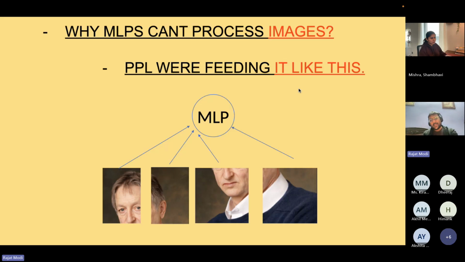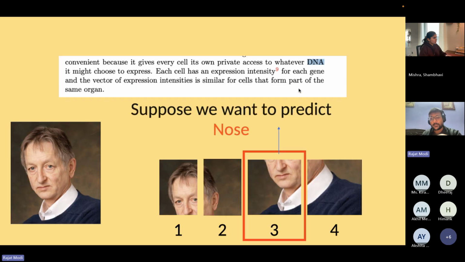This is the way people have been feeding data to MLPs for the last 20 or even 30 years since MLPs were invented. So we have changed the way you feed the data to the MLP to make it work for images now.